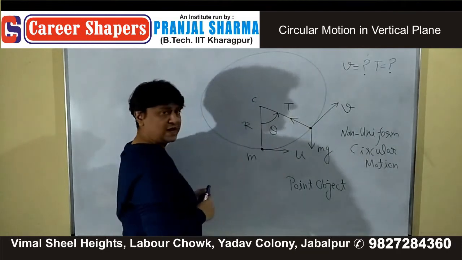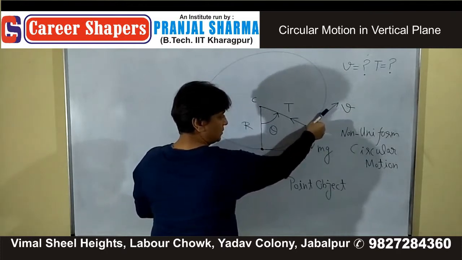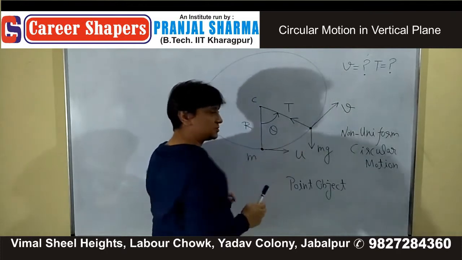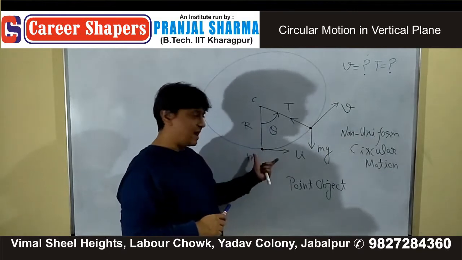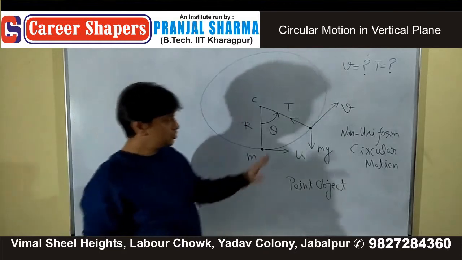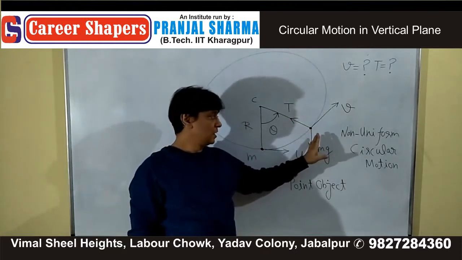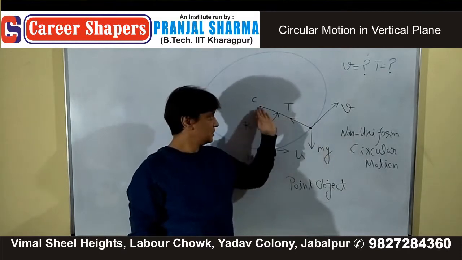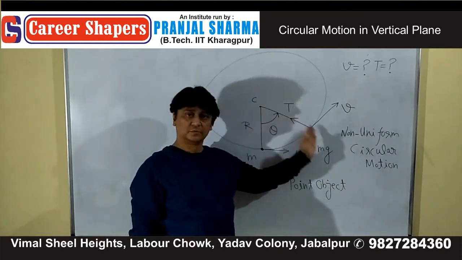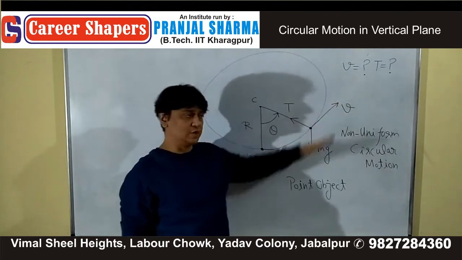The other one is tangential force which acts in this direction. This tangential force is responsible for the change in the magnitude of velocity. And therefore, we should resolve all the vectors along these two axes. This for the centripetal one and this for the tangential one.